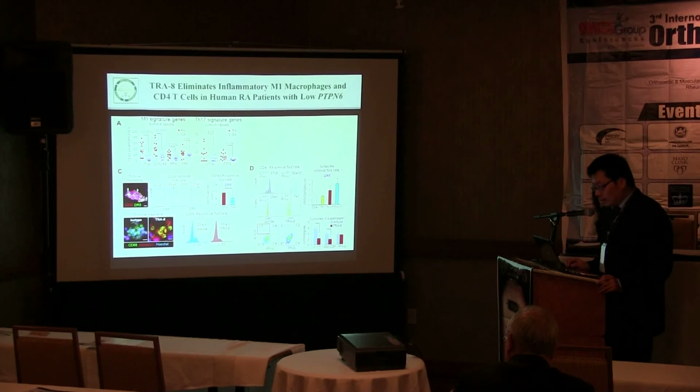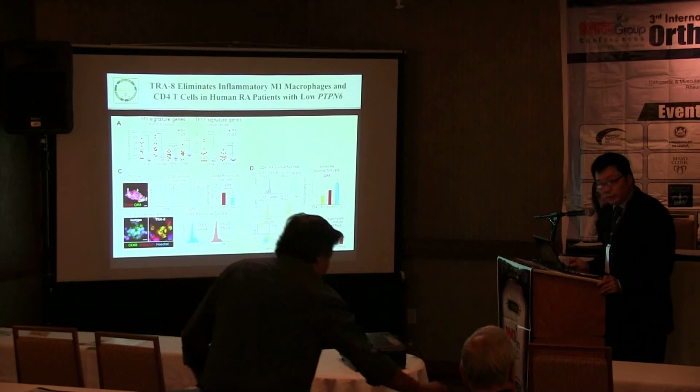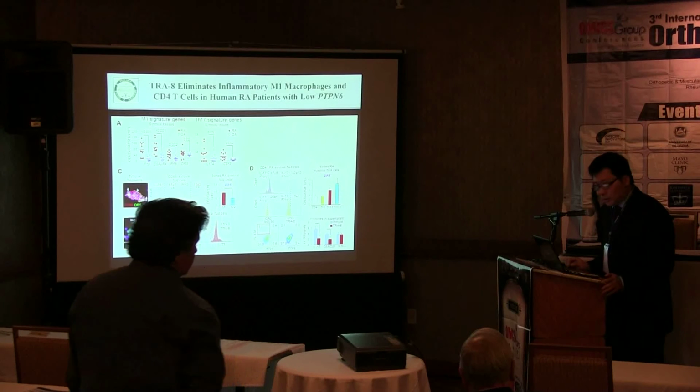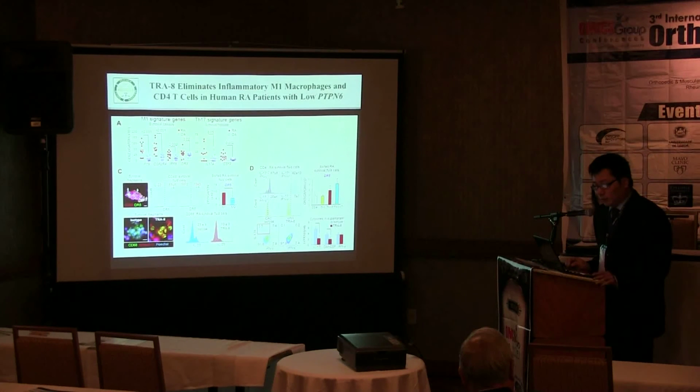In our mouse study, the macrophage we mainly look at was isolated from the joint lymph node. It's not from the joint. The flow cytometry data was generated using the cell from the lymph node, and the histology data we look at the tissue of the joint. That's the mouse study. In the human study, the cell was from the synovial fluid.